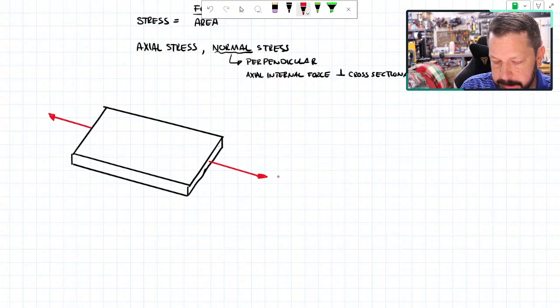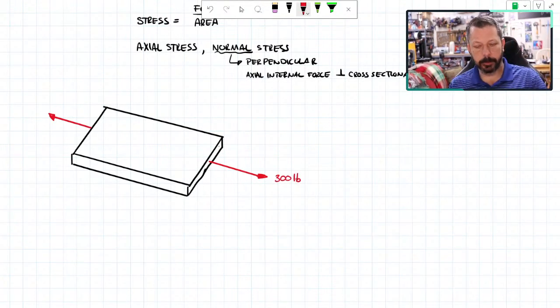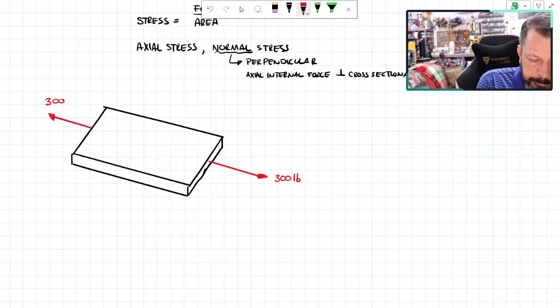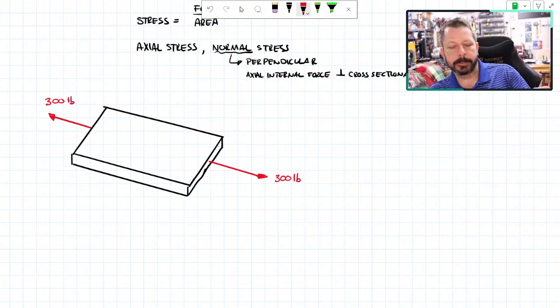Let's say that this is 300 pounds. And so for our little block to be in equilibrium, I have to be pulling in the other direction also with 300 pounds. You know, it could be that the other end of this block is attached, welded to a wall or whatever. Maybe that's what is holding it back. That still represents 300 pounds of attachment force.